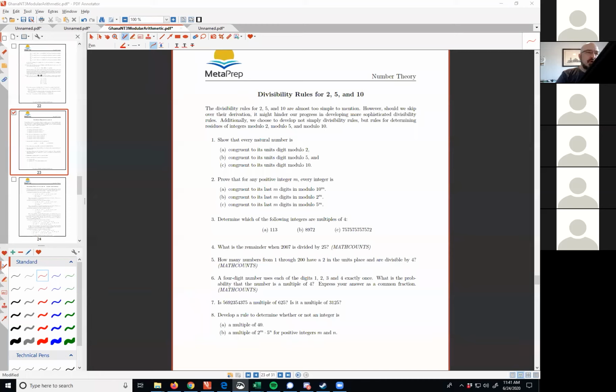So we're going to jump forward a little bit and talk about divisibility rules. Divisibility rules are something that all of you already know at least a little bit about, right? If I asked you whether the following number is even or odd, it's easy.